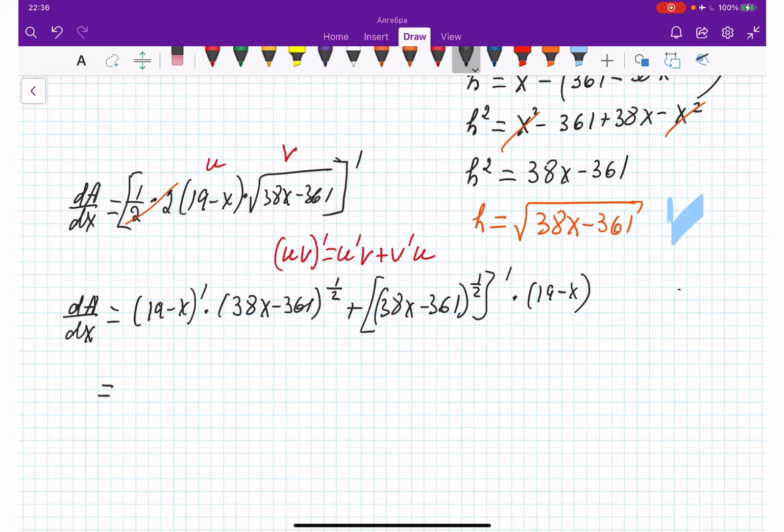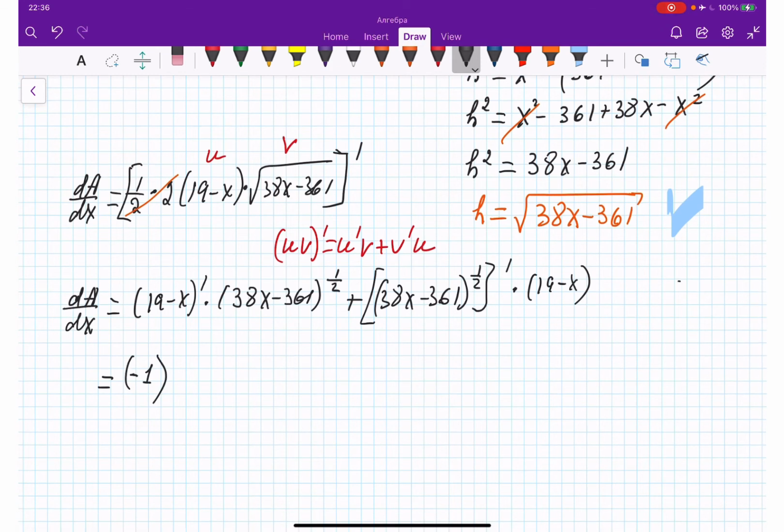The derivative of 19 minus x is going to be negative 1, right? Because the derivative of 19 is 0, gone, and the derivative of negative x is negative 1. And this is going to be times the square root of 38x minus 361, and then plus. So we are going to take the derivative of (38x minus 361) to power 1/2.